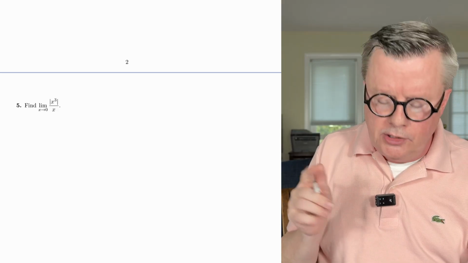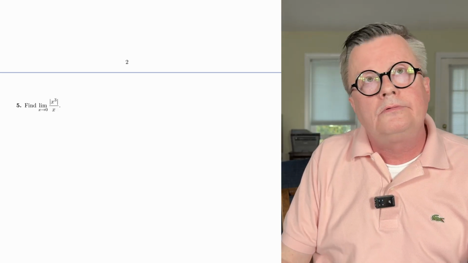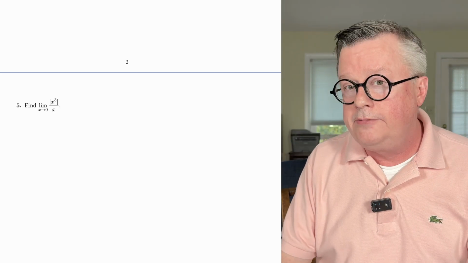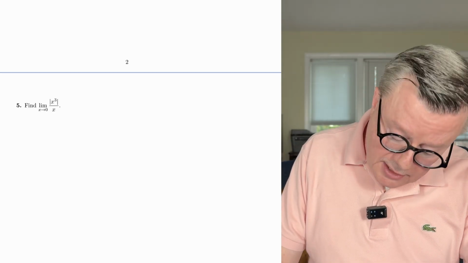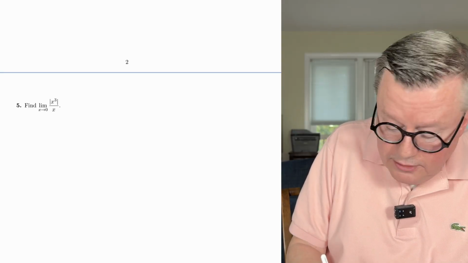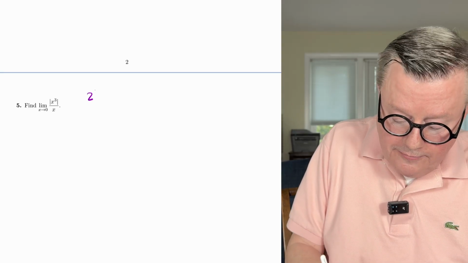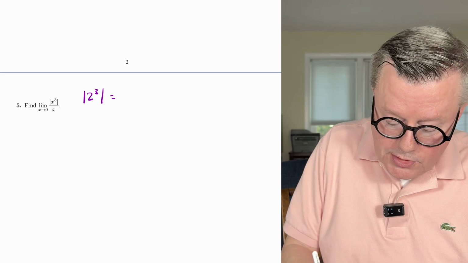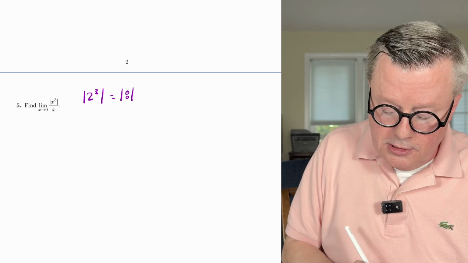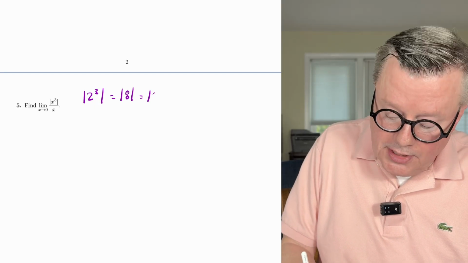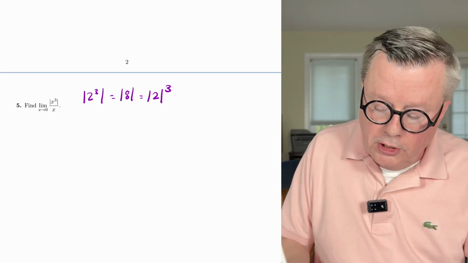The absolute value of x to the third, well, what values of x might we have? We might have positive values of x. We might have negative values of x. Let's just pick one. If x is positive, let's say x is 2, the value of this expression, absolute value of 2 to the third, is the same thing as the absolute value of 8, which is 8, which is actually the same thing as the absolute value of 2 to the third power.